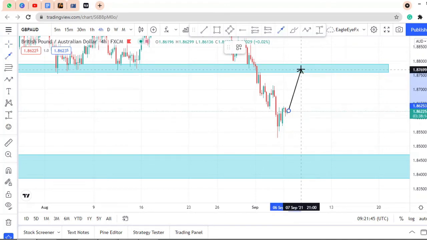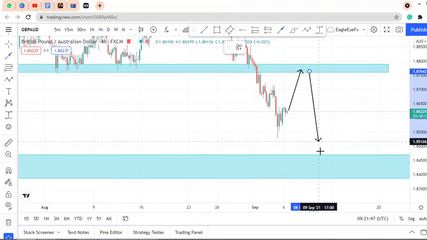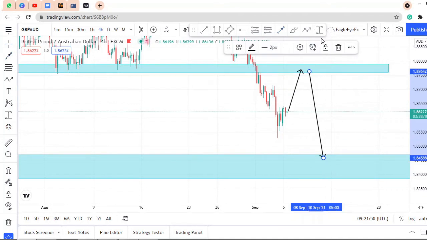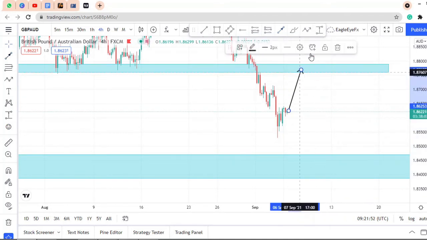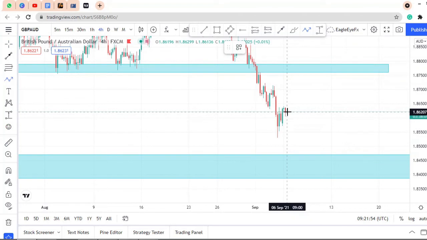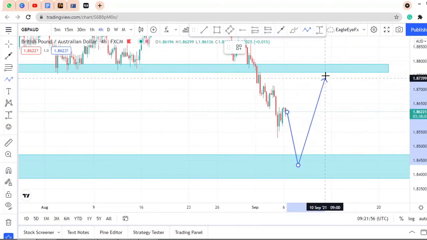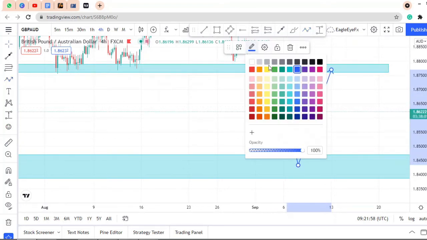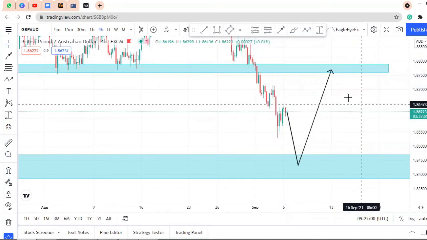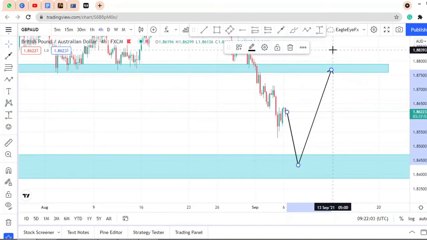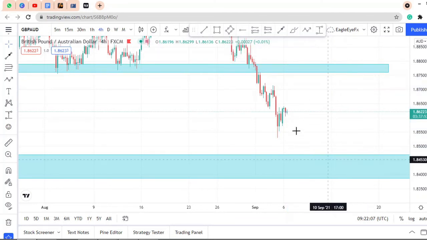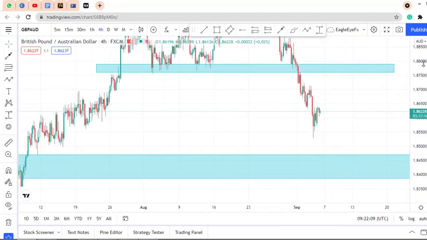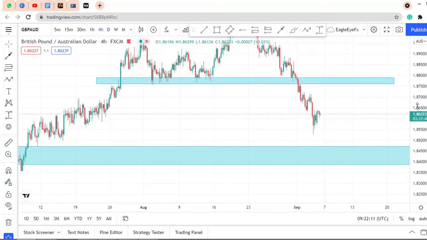If it's going to come to this level, then I'll look for sales. But if it comes to this level, then you see that I'll be looking for buys. That's what I will do. So for now, I'll just hold on and wait to see how this market is going to play out.